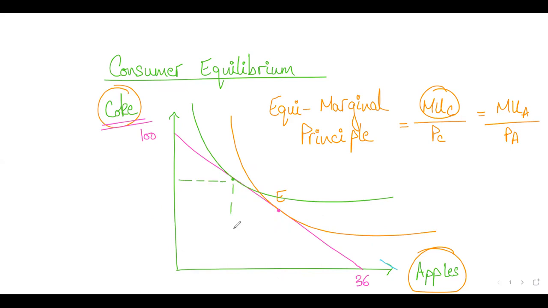Nisha, are you getting me? So now you can see for yourself that you are consuming, let's say, more units of Coke and less units of apples compared to your E1, which was your original equilibrium situation, right?